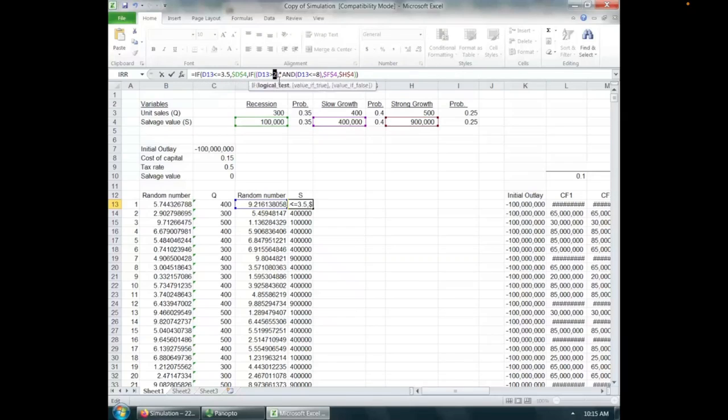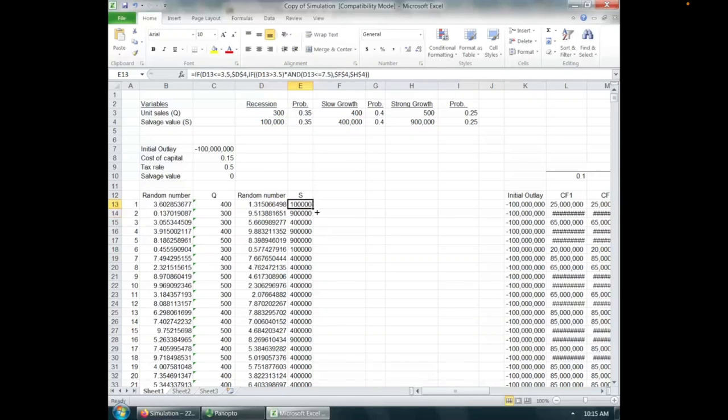If it is more than 3.5 but less than 7.5, we choose the slow growth value, and otherwise, if the previous two statements are not correct, then we'll choose the strong growth value. Press enter and drag this down to make sure all iterations are using the same expression. And there you have randomly generated units and salvage value.